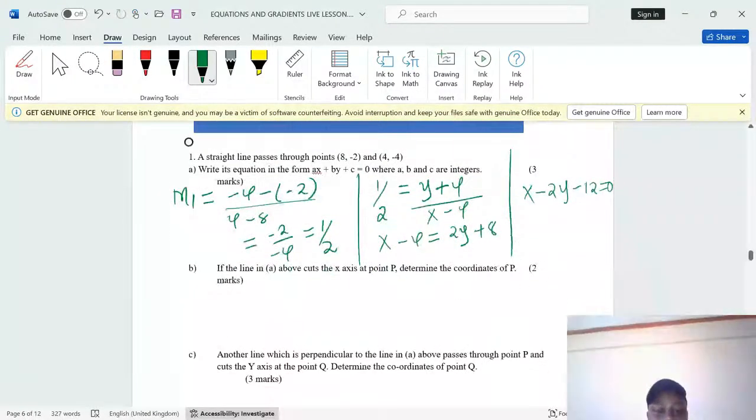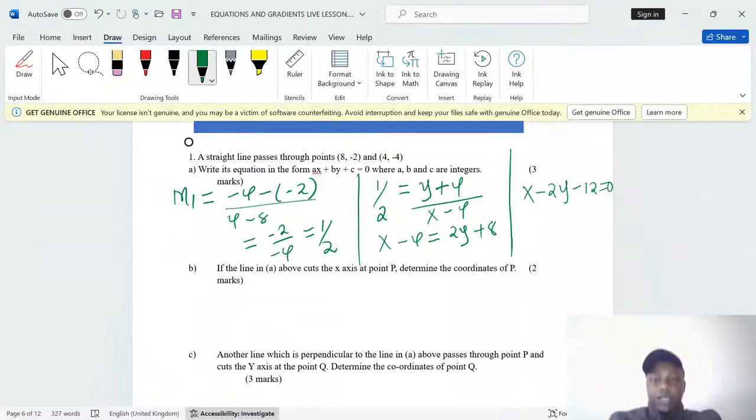If the line cuts the x-axis at the point P, then determine the coordinates of P. We have just mentioned that at the x-intercept, the value of y is 0.